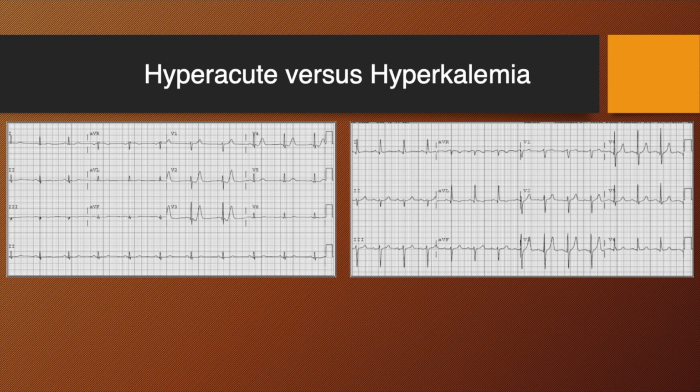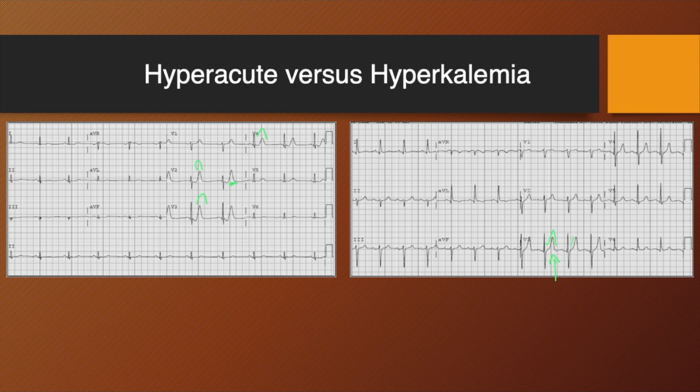So this is just another comparison of hyperacute T waves versus hyperkalemia. Here we have those hyperacute T waves in the precordial leads specifically. Remember, these are wide, they're broad. And if we look at the T waves here with hyperkalemia, we see the T waves are very tall and they are very pointy.